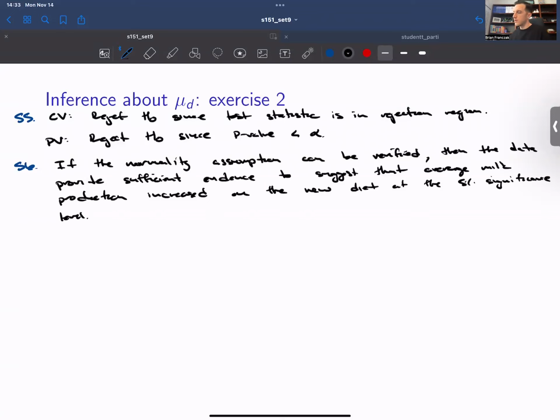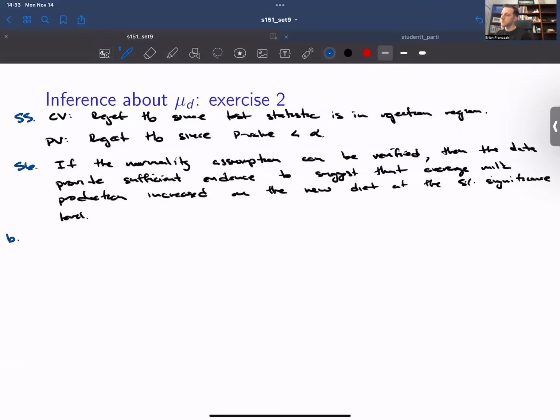All right. So very similar idea to what we had in the one sample case. Again, in this statement, I've added in a note that we have to verify that normality assumption, which we can do by constructing a normal probability plot for the data.